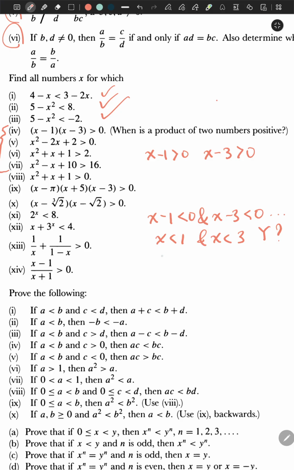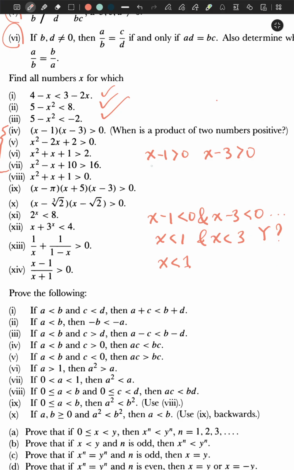But this is also equivalent to saying x < 1. This again means that x has to be less than 1, because if x is greater than 1 but less than 3, then x − 1 is positive while x − 3 is negative, so the product of the two is less than 0.